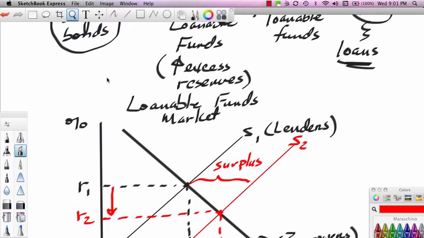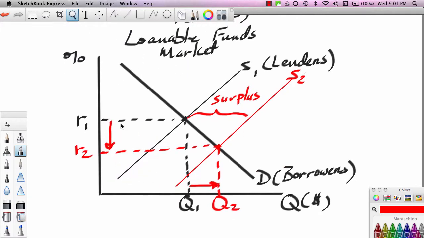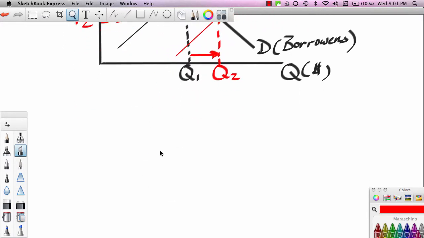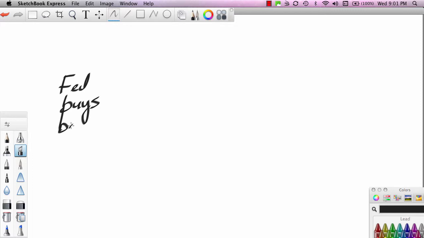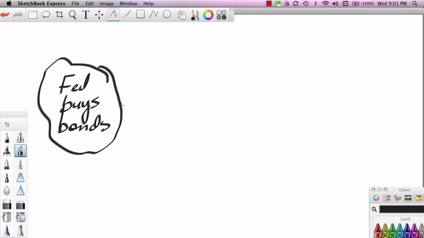And we can summarize this lesson by showing you this little model here: when the Fed buys bonds, and this is called open market operations, it pushes down interest rates on bonds, effective yields, and interest rates on loans.